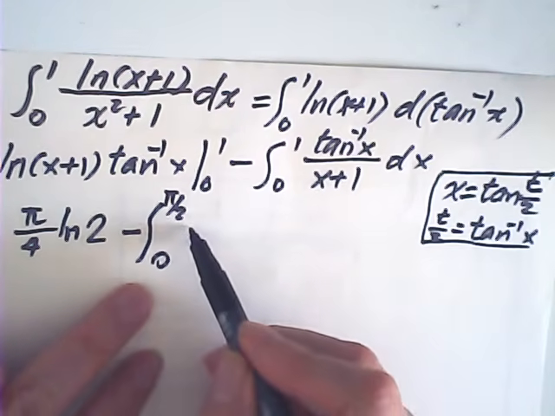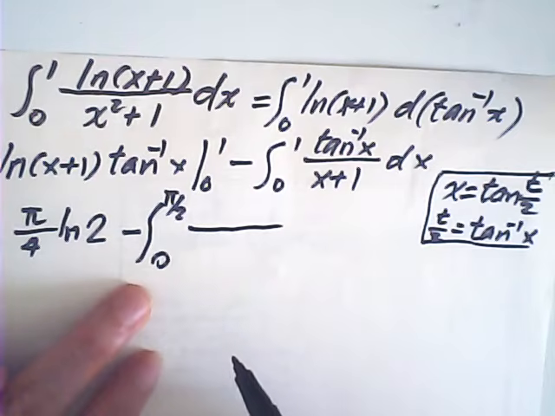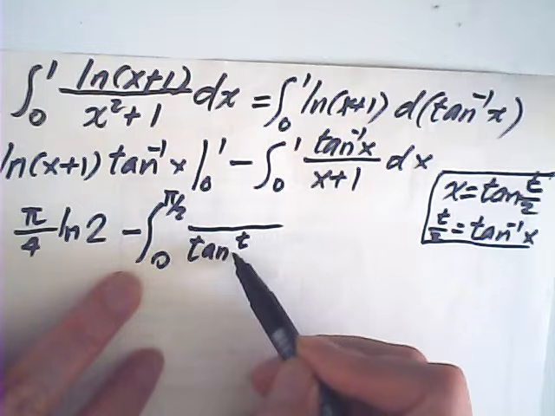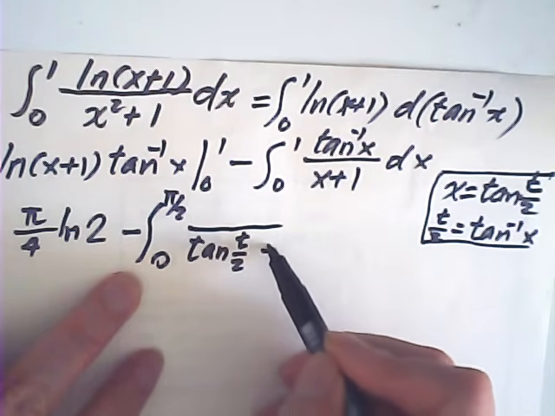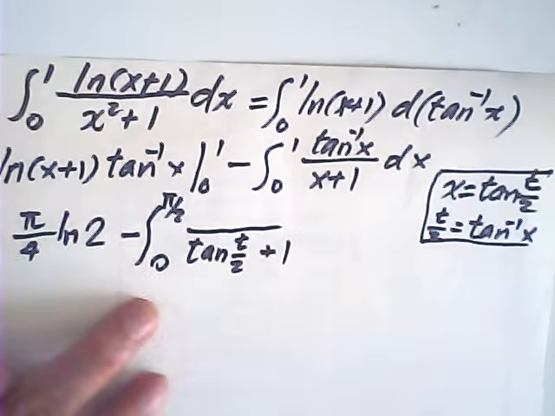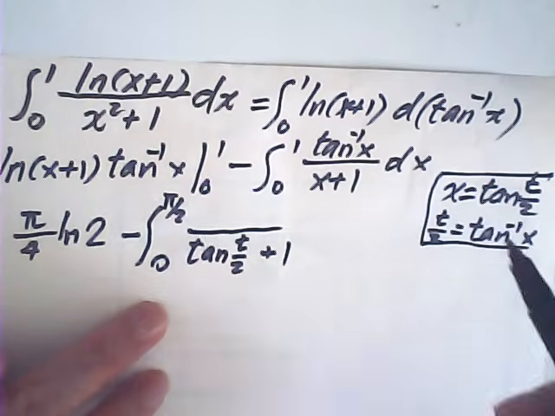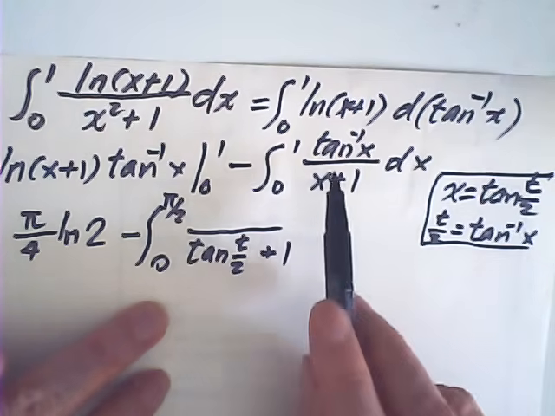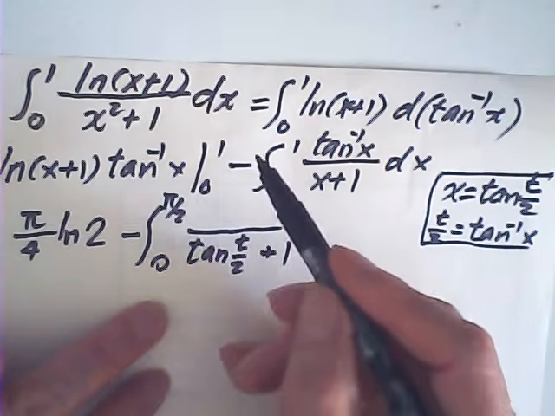Then this is equal to tangent half t plus 1. I have to work it out carefully. This arctangent is half t.